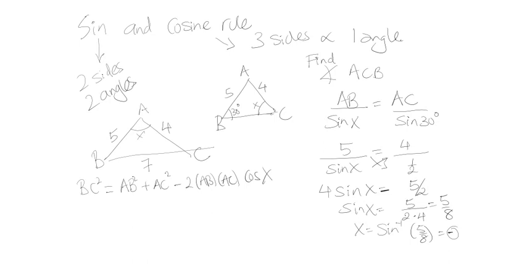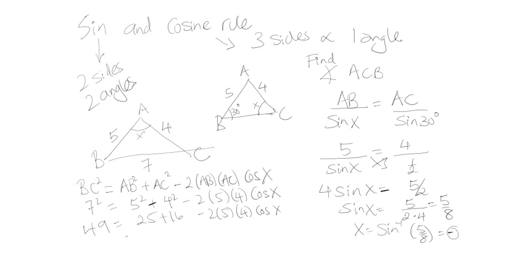And then once you have the formula, you can just replace. So it's 7 squared is equal to 5 squared plus 4 squared minus 2 times 5 times 4 cos x. And then that's 49 is equal to 25 plus 16 minus 2 times 5 times 4 cos x.